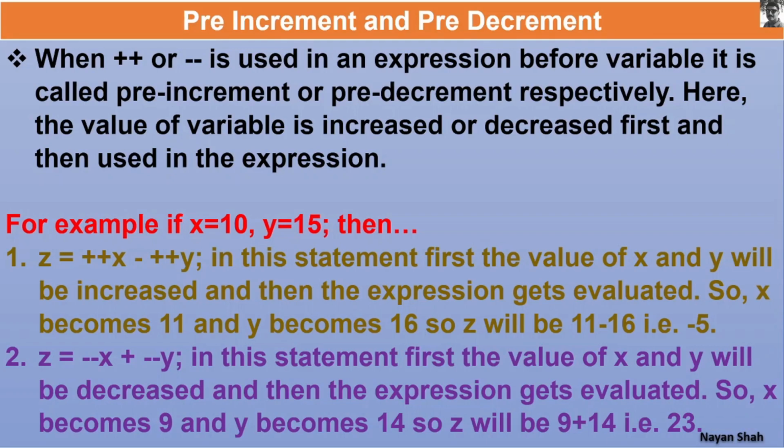So here both are pre-decrement. First x will decrease to 9 and y will decrease to 14, and then they will be added, 9 plus 14, which is 23. So the answer would be 23. So this is pre-increment and pre-decrement.